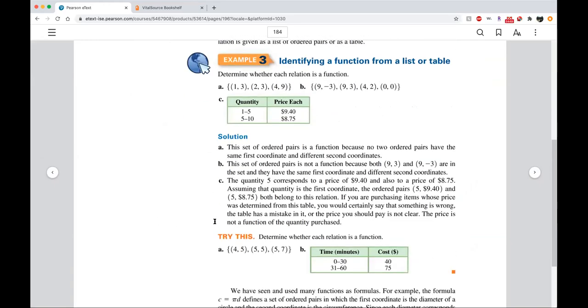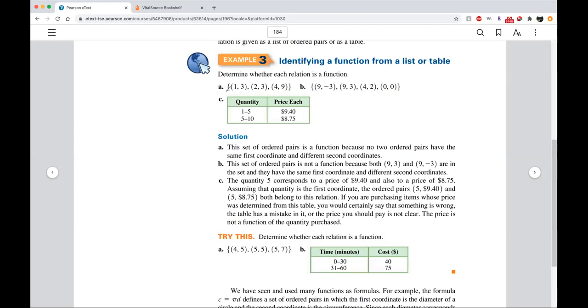Okay, so identify a function from a list or a table. Determine whether each relation is a function. So let's see. A is a function, right? Because the set of ordered pairs is given, we apply the second definition of the function.